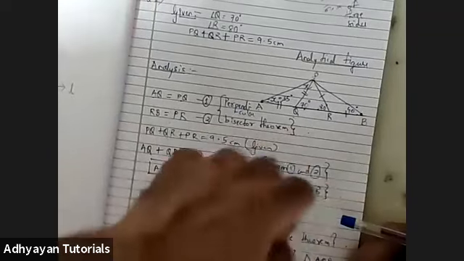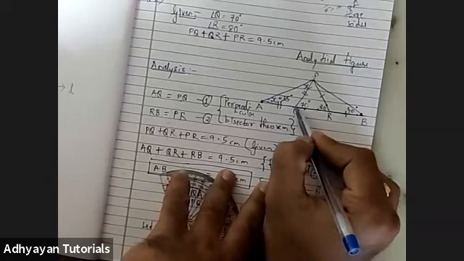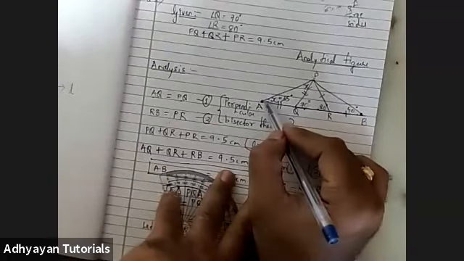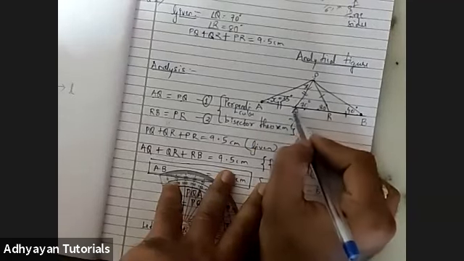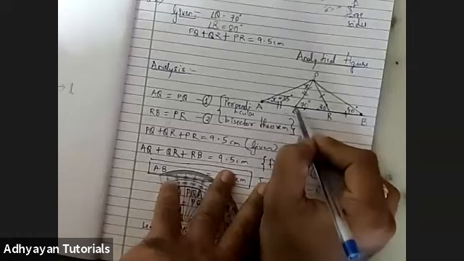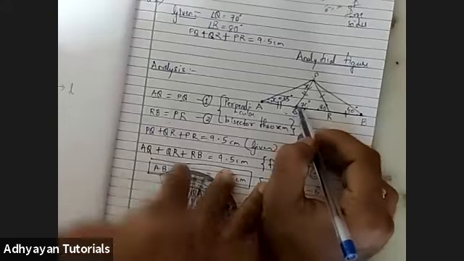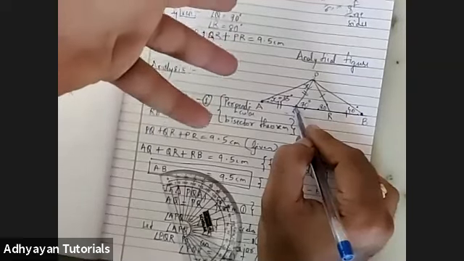Now looking at this rough diagram, children, can I state Q is a point which is equidistant from P and A? Q is at an equal distance from P and A. That means where should Q lie? Perfect. It has to lie on the perpendicular bisector. But children, perpendicular bisector of what? Q has to be on the perpendicular bisector of what?